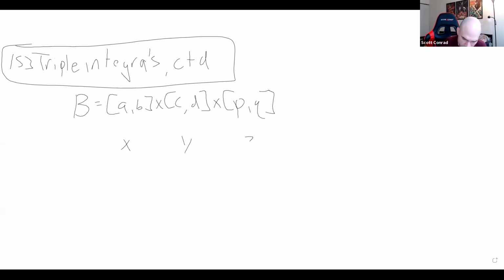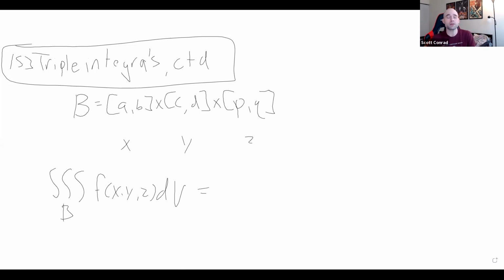So the first coordinate is x, the second is y, the third is z. The way we do a triple integral of f of x, y, z with respect to volume over the box B is we create an iterated integral.